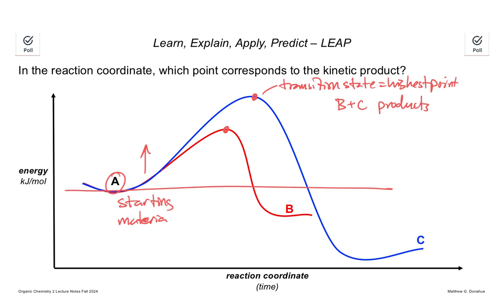So from those points down to that straight line there, you have that distance. So we'll call that transition state B. And then you have that distance, transition state A. And you can tell that it looks easier to get over hill B than it does to C. And so that's just a rate issue.